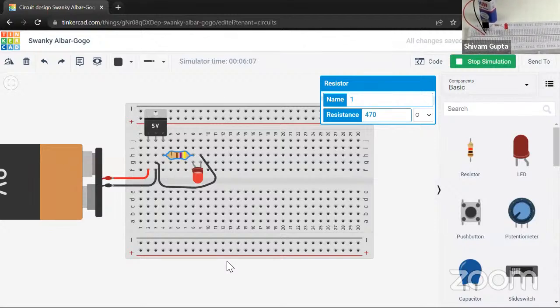Now, as we have connected the positive leg, the small leg has to be connected.